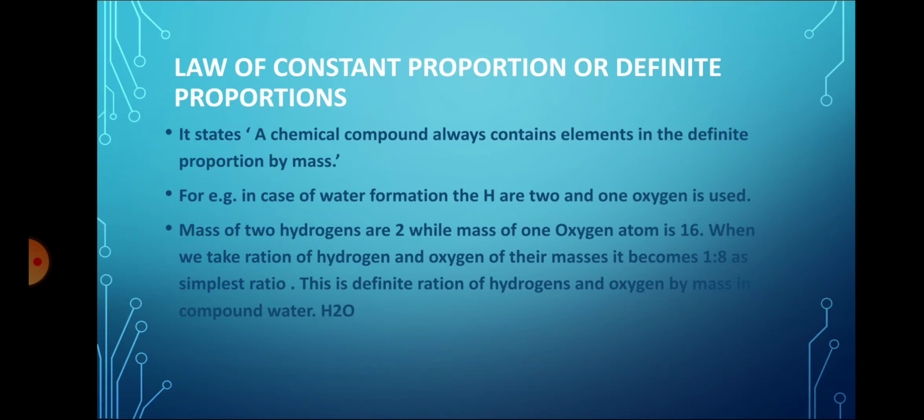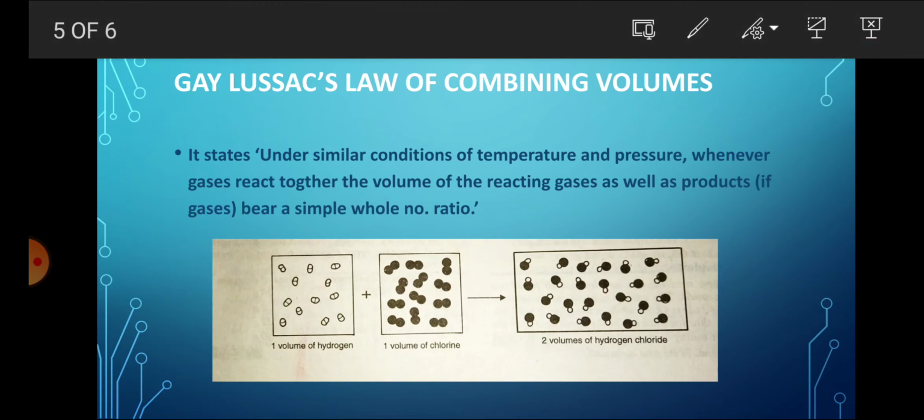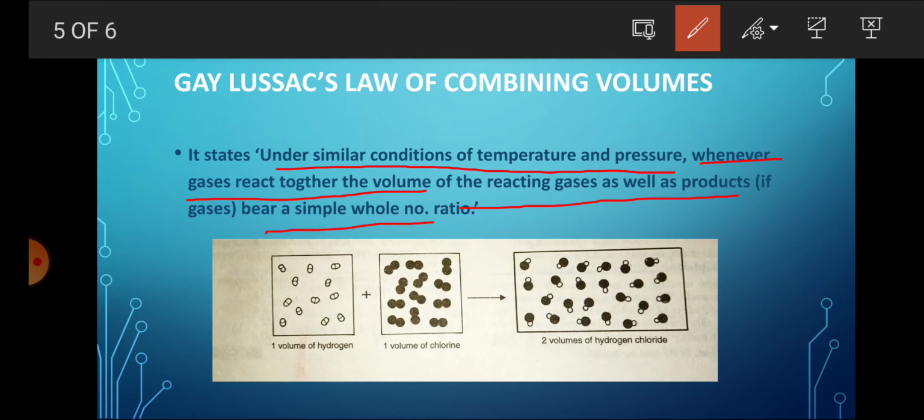Next is our Gay-Lussac's law of combining volumes. It states that under similar conditions of temperature and pressure, whenever gases react together, the volumes of the reacting gases as well as the products bear a simple ratio.